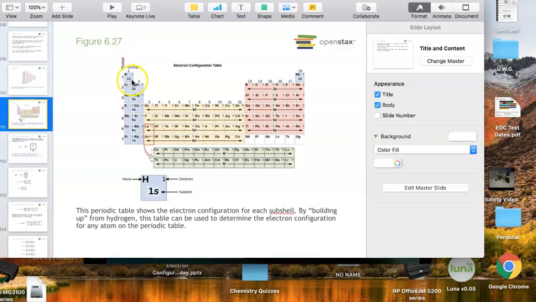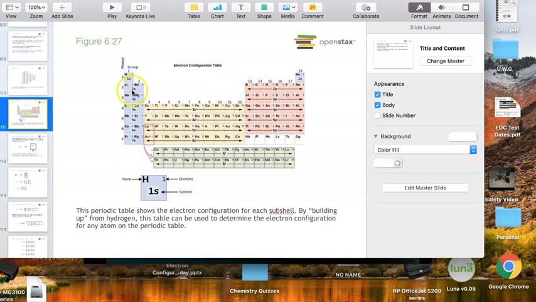The first row is energy level 1, the second row is energy level 2, third row, energy level 3, and so on. We have up to 7 energy levels on the periodic table. S is the subshell for the first two columns. The exception here is helium, whose second electron is also in an s orbital.